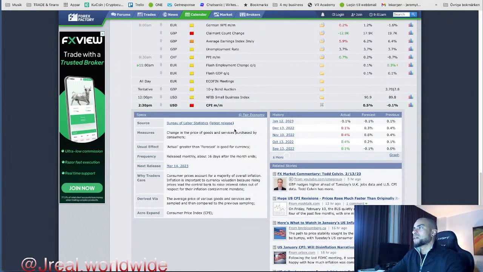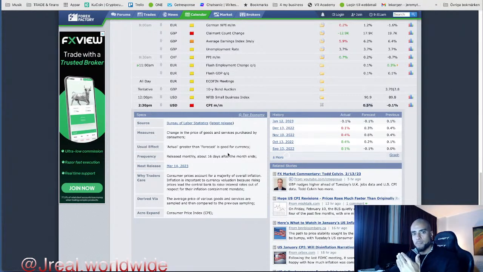What does that mean? If the report is that the inflation rate is higher than forecasted, higher than 0.5, that will make the US dollar pump. That will make the US dollar go up.